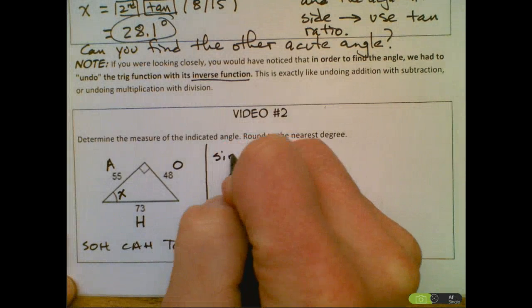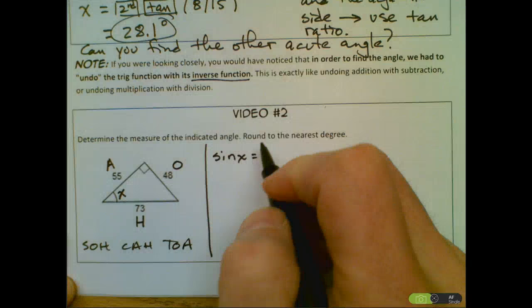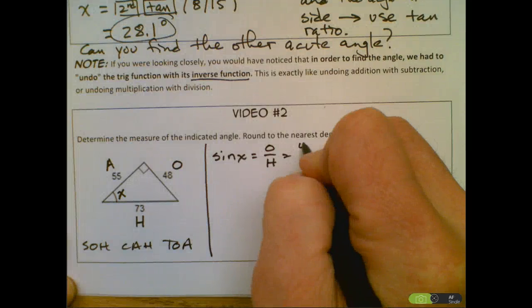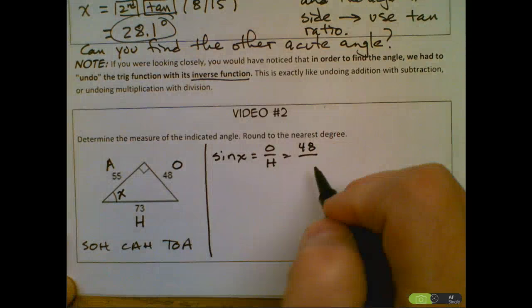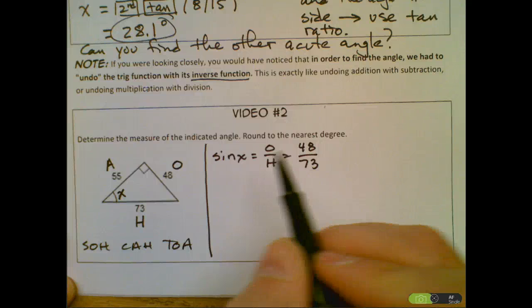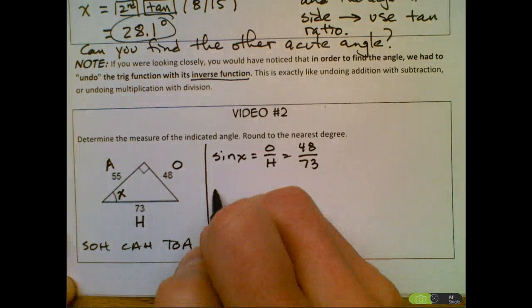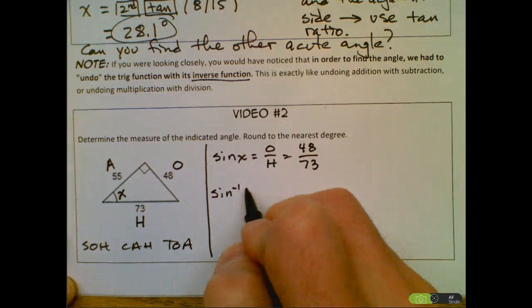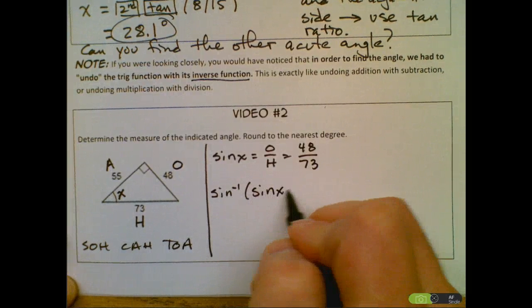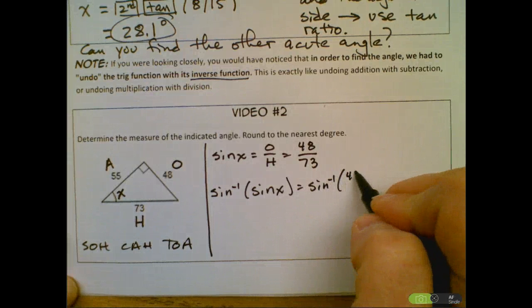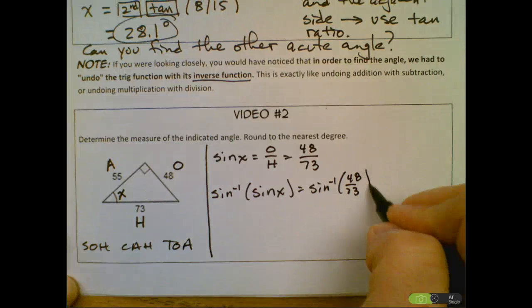So I know that the sine of x is equal to the opposite over the hypotenuse. So my opposite side is 48, and my hypotenuse is 73. So if I want to solve for the x, I have to undo the sine. So I'm going to do the sine inverse of both sides. Sine inverse of the sine of x is equal to the sine inverse of 48 over 73.